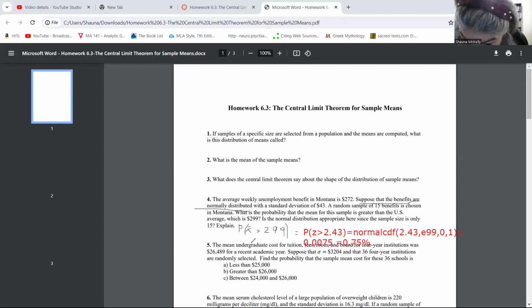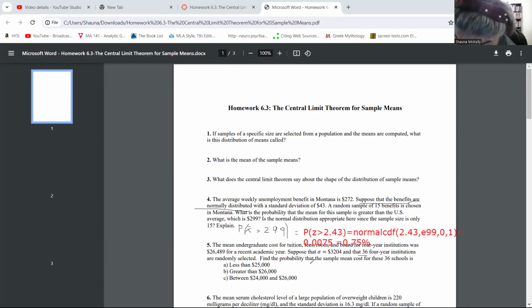If you look, for example, at number 5, the mean undergraduate costs of tuition, fees, room and board for 4-year institutions was this number for a recent academic year. Suppose that sigma is 3,204 and that 36 4-year institutions are randomly selected.